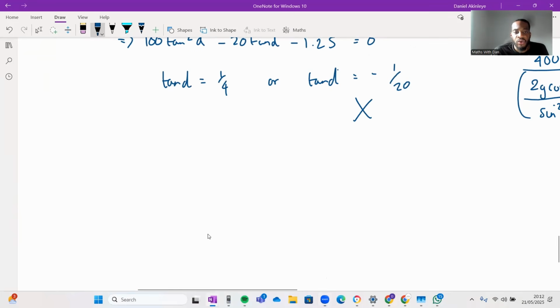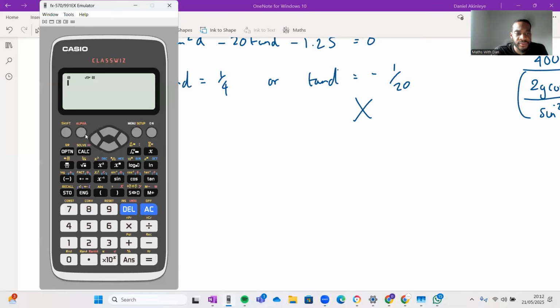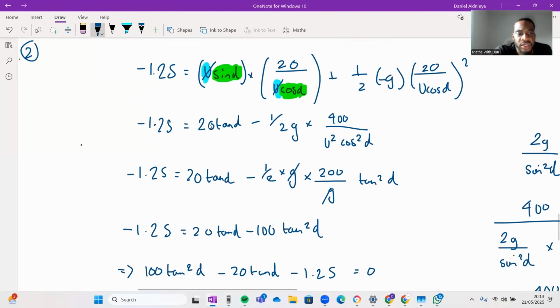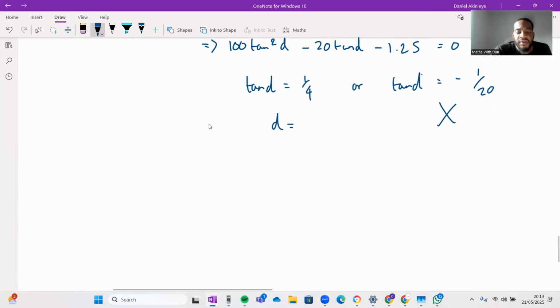Doing the tan inverse of a quarter is going to give me 14 degrees. Did it give us a degree of accuracy? No, it didn't. So just give it to three significant figures, which is 14.0.